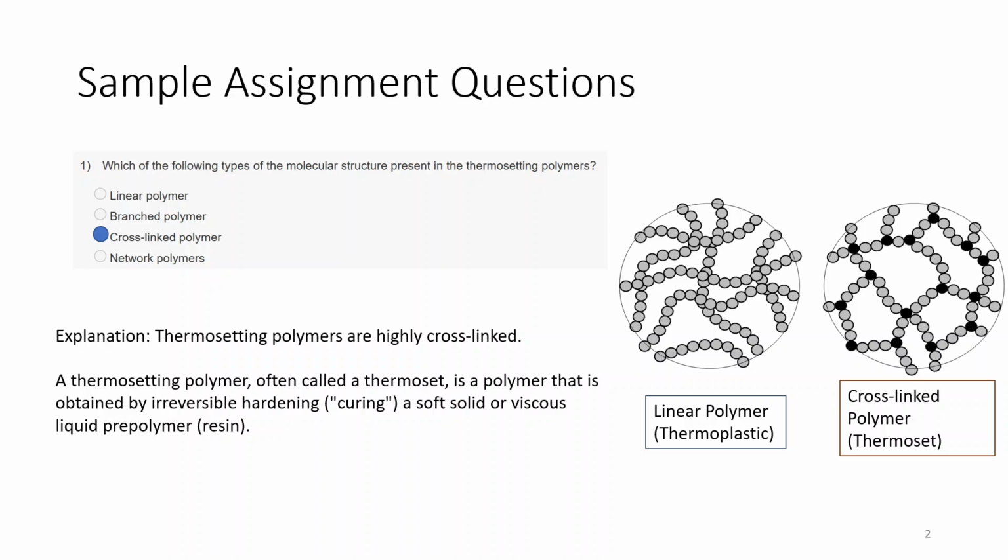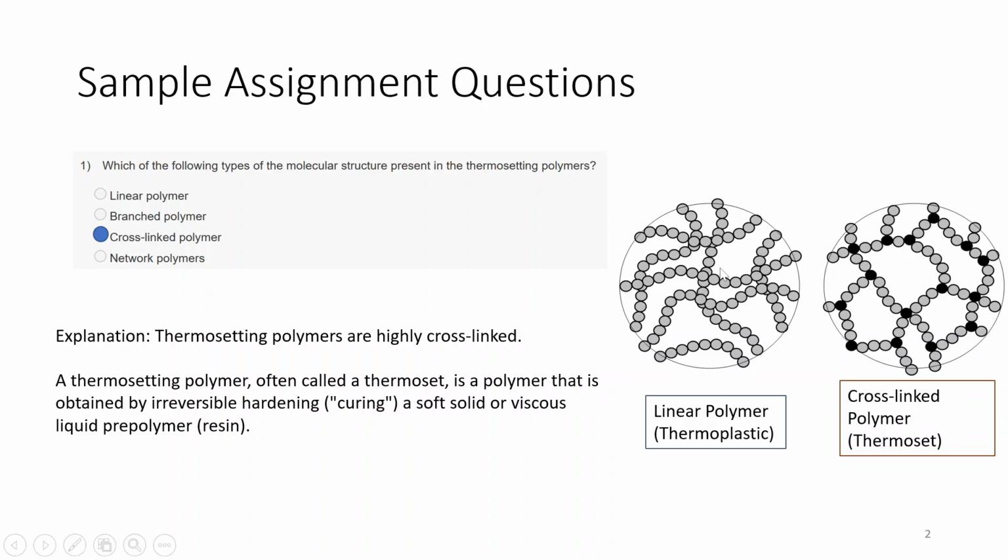A thermosetting polymer, often called a thermoset, is a polymer that is obtained by an irreversible hardening or curing process of a soft solid or viscous liquid pre-polymer known as resin. So these are two types of structures.